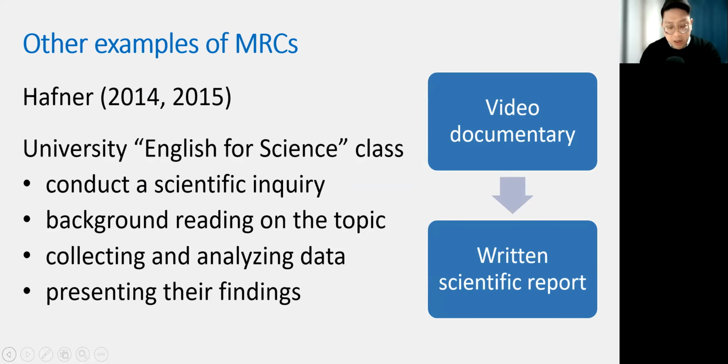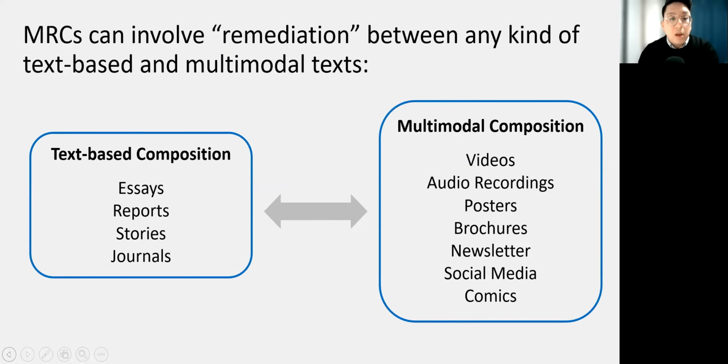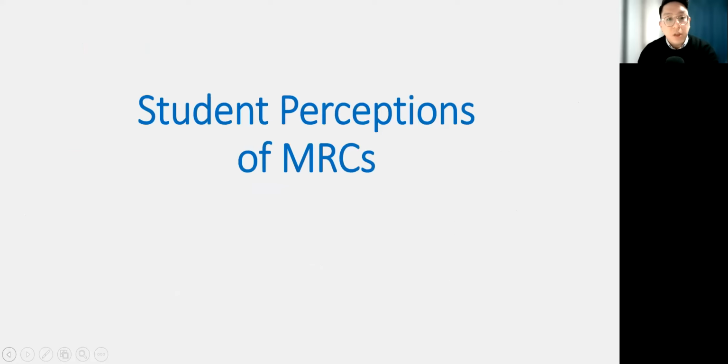But multimodal remediation-based composition is not only confined to infographics. For example, Hafner has used video documentaries, asking students to convert video documentaries into a written scientific report. That's a very interesting example as well. So you can convert between different types of texts based on what you think is suitable.